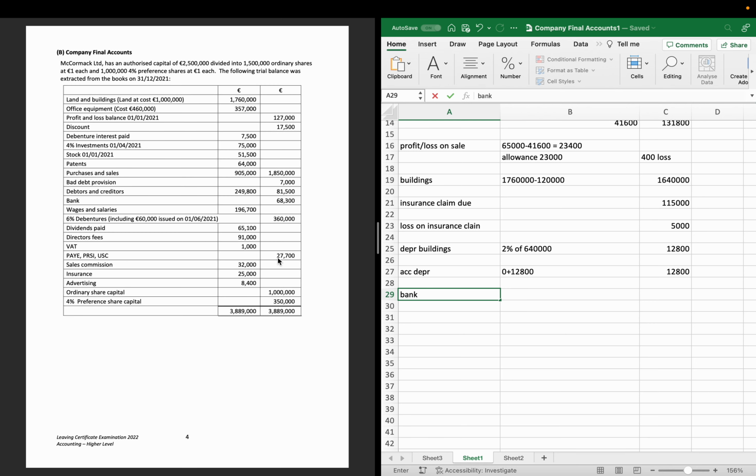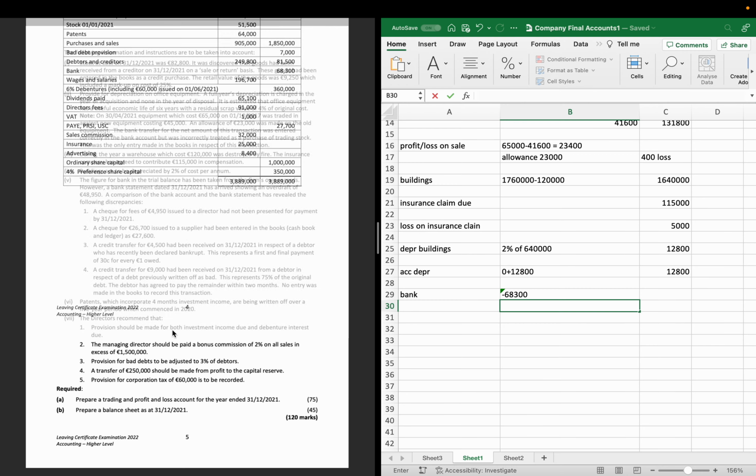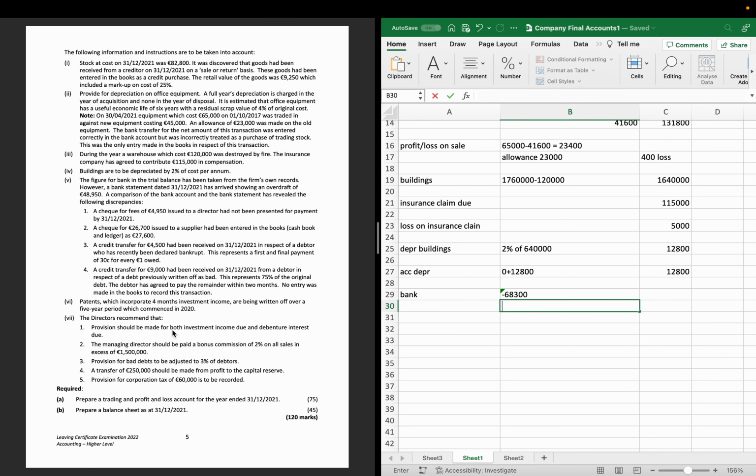So we have a bank balance in the trial balance of minus 68.3, and in the bank's working, they have a bank balance of 48,950. Neither of those are correct, so we have to find out what's correct.